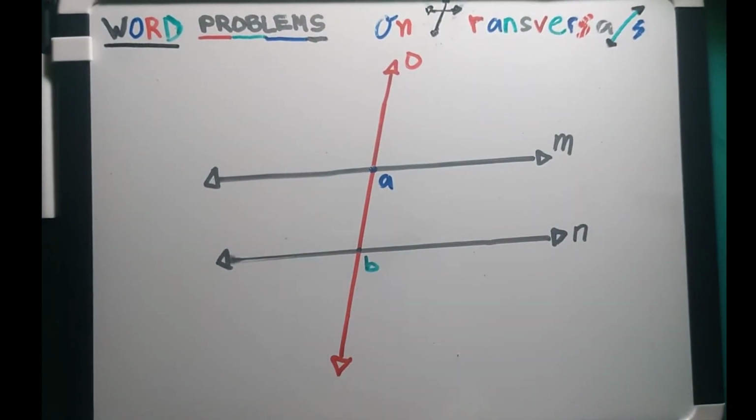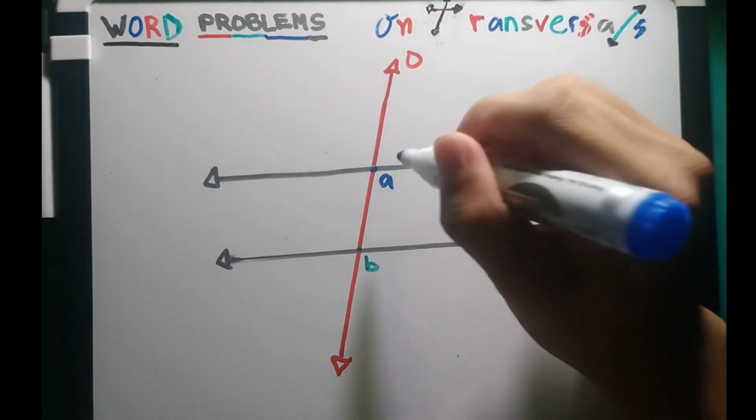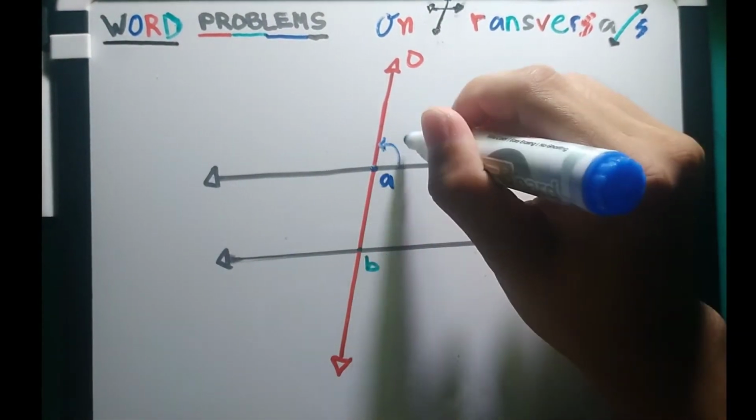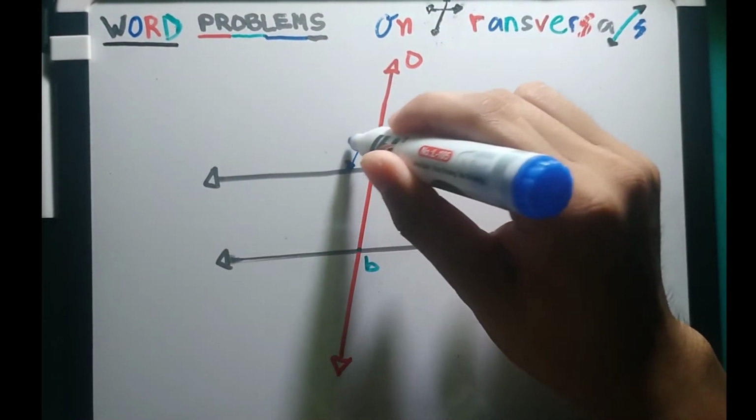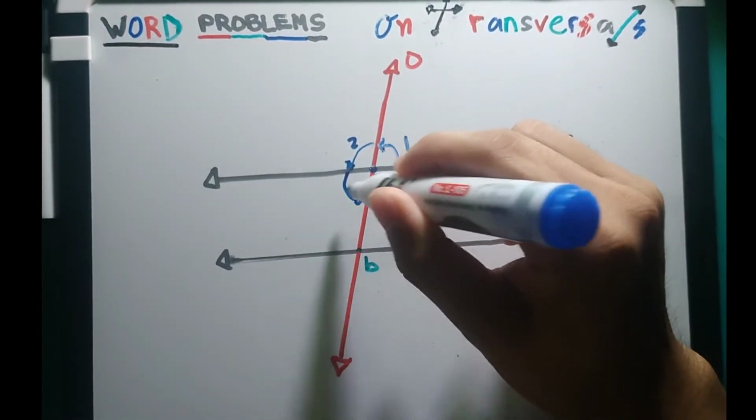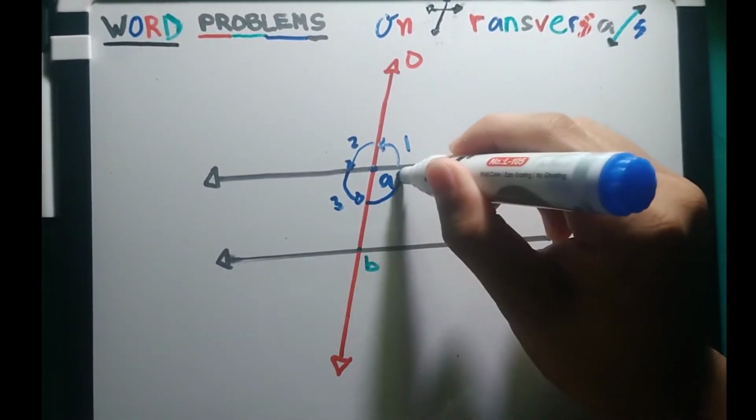For each point, four angles are formed. For our first point, point A, we have angles 1, 2, 3, and 4.